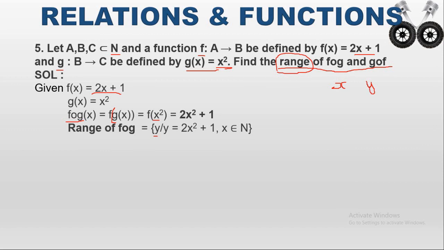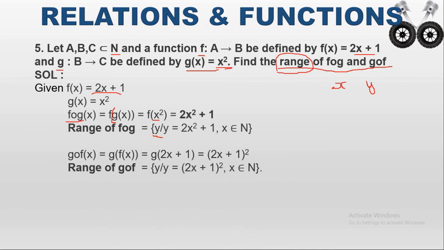Output will be y. So same concept is here. So here already x is defined, so I took another variable y. So y such that y equal to 2x square plus 1, x belongs to capital N. So that is the natural numbers. So it is given in the problem.